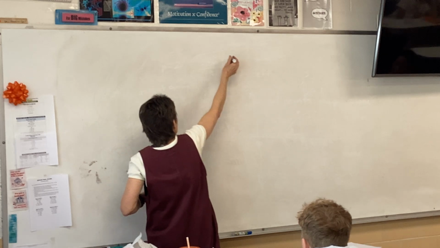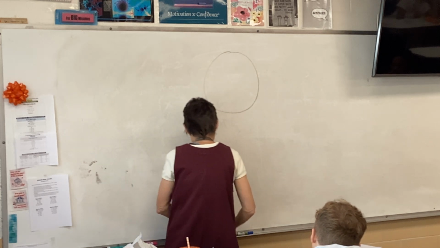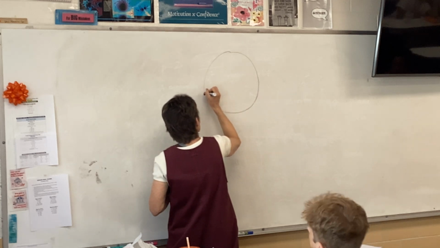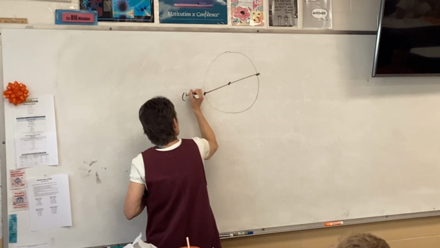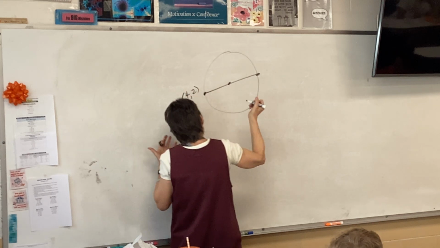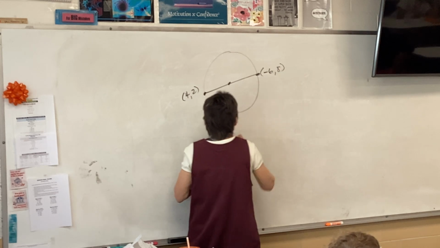All right, so I got a circle. And I know that there's a diameter. And its endpoints are 4, 2, and -6, 8.